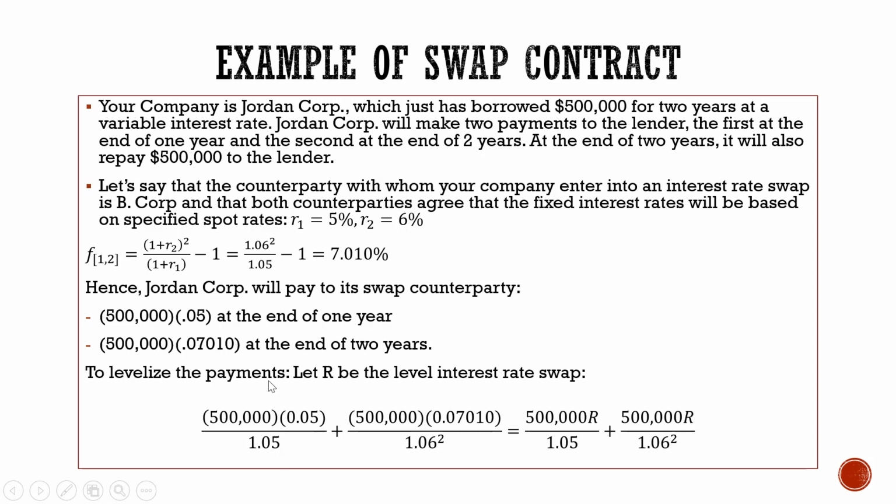So here, the first term, 500,000 times 0.05 over 1.05, is the present value of the first payment, and the second term is the present value of the second payment.